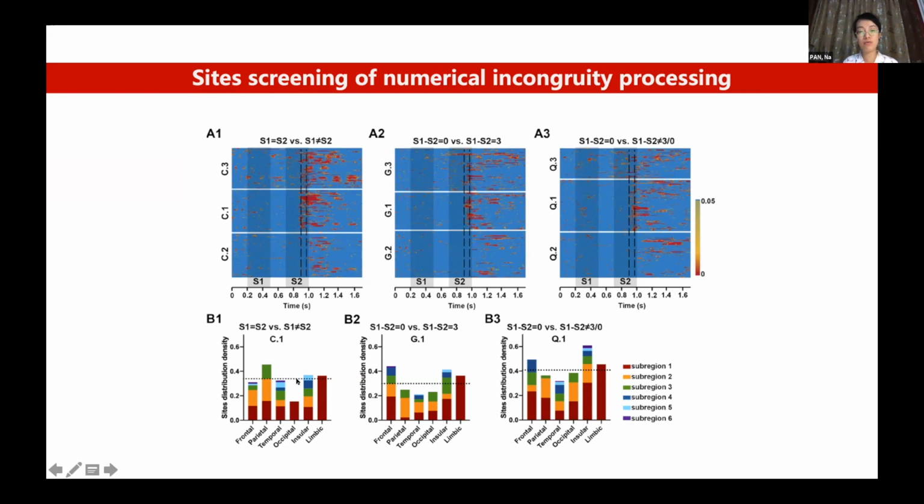The dotted line is the ratio of the recording sites out of the total sites. We focused on the histogram bars above the dotted line, and analyzed the common part of the recording sites in the 3 clusters that are closely related to numerical incongruity processing.